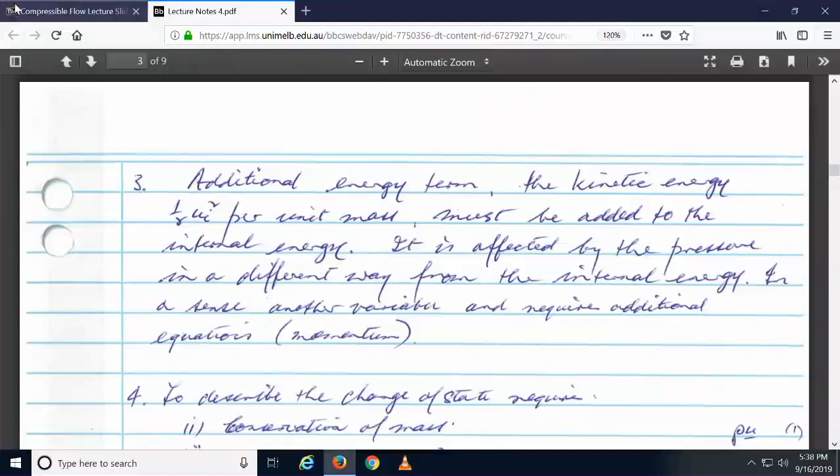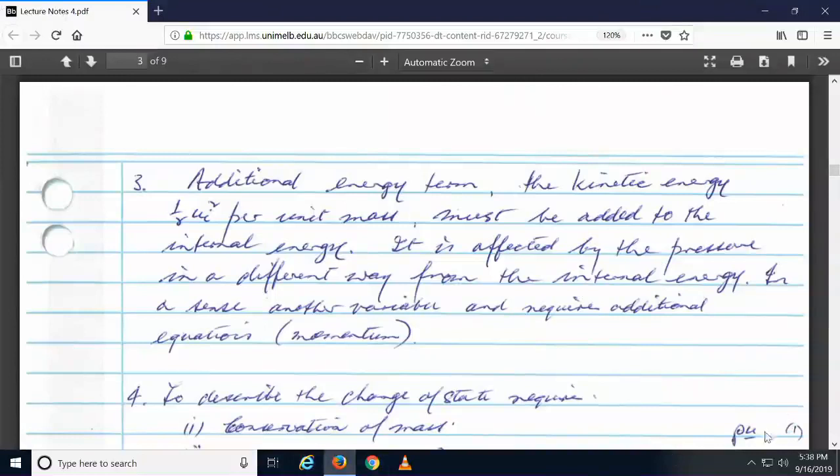So the kinetic energy, 1/2 ui squared per unit mass, must be added to the internal energy. And because it's affected by the pressure in a different way from the internal energy, in a sense it's another variable and requires additional equations. And basically you're going to require the momentum equation.